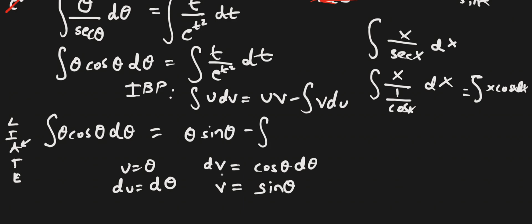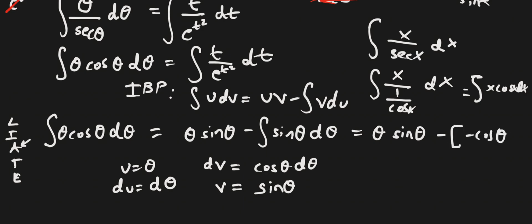minus the integral of sine theta d theta. Now this is much easier, because this is just equal to theta sine theta minus, so the integral of sine theta is actually negative cosine theta, so minus negative cosine theta, and then plus c of course.